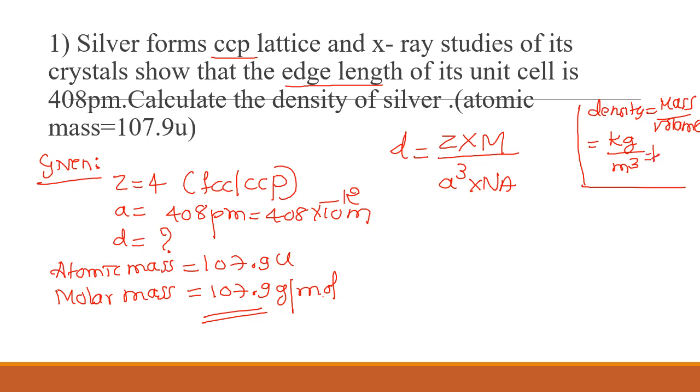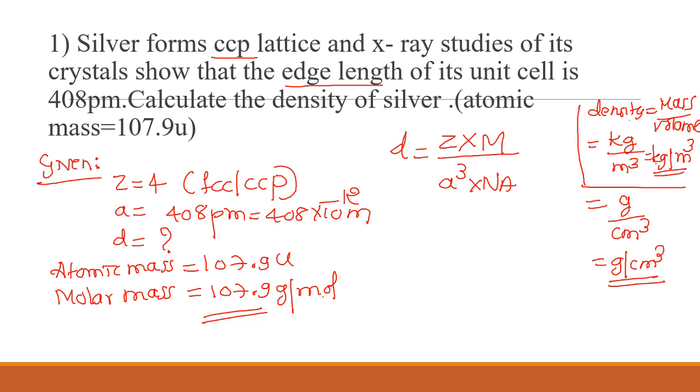So we can write kg per meter cube. Or else if mass is given in grams and volume is in centimeters cube, then the unit of density must be gram per cm cube. If kg and meter, that is also fine. It is the SI unit, the standard unit of density.